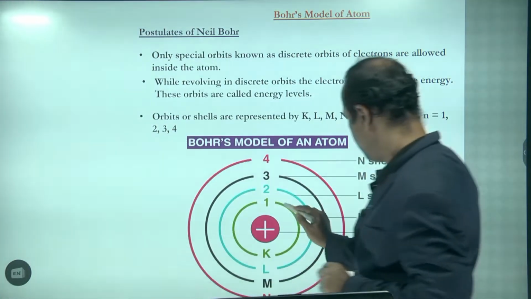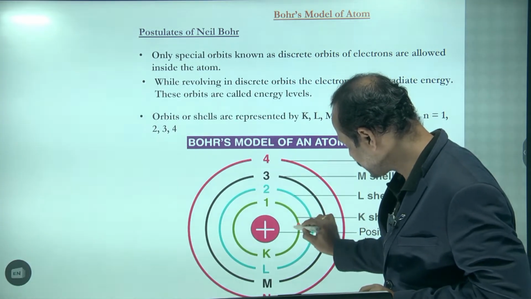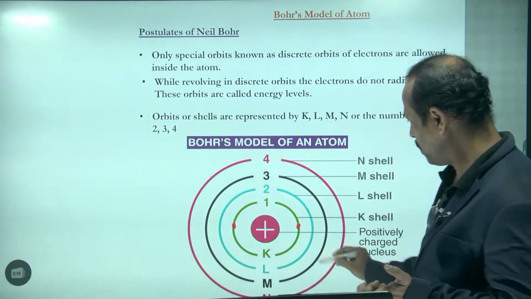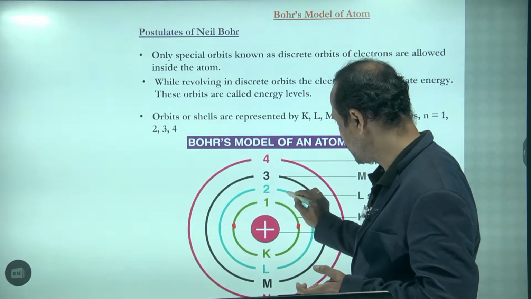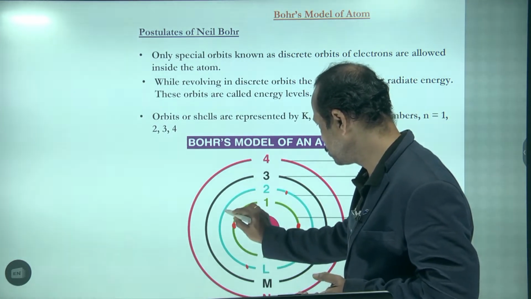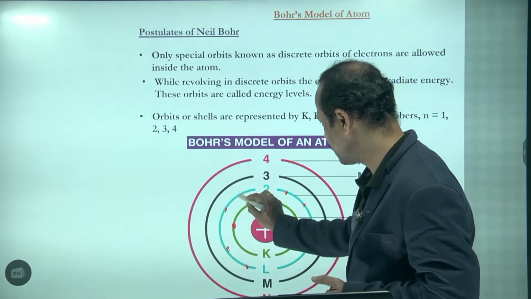Here you see the first shell, the K shell. This K shell can have a maximum of 2 electrons, maybe 1 or 2. But the L shell can accommodate a maximum of 8 electrons: 1, 2, 3, 4, 5, 6, 7, 8.